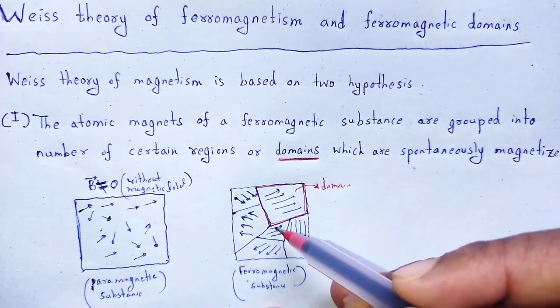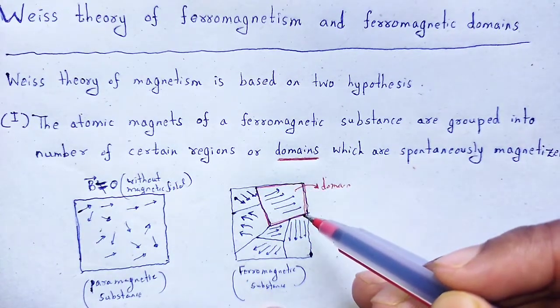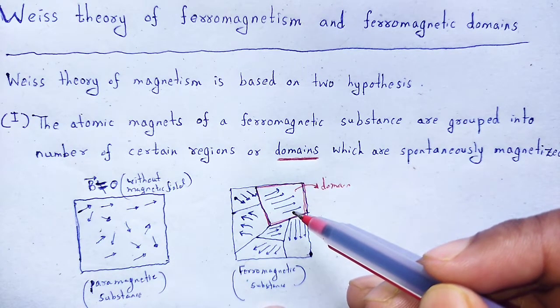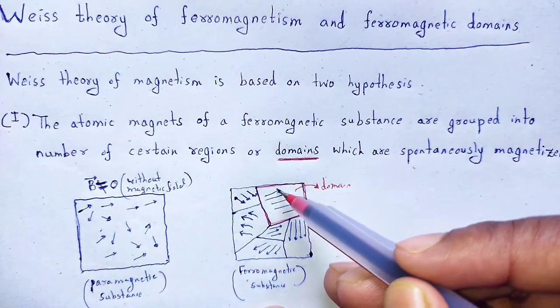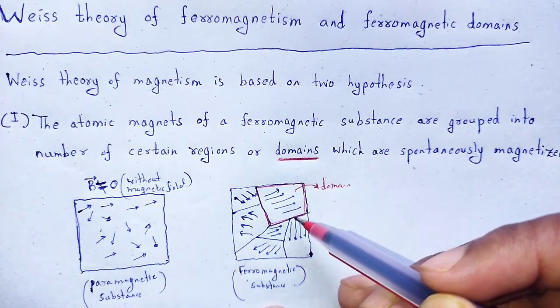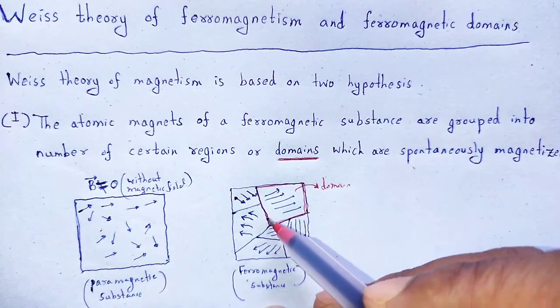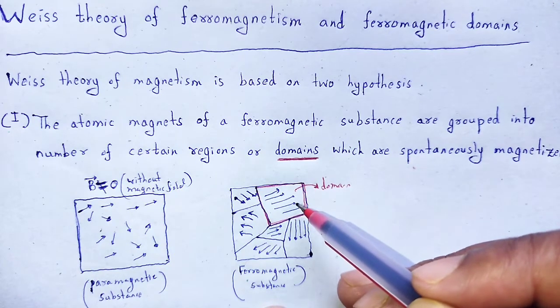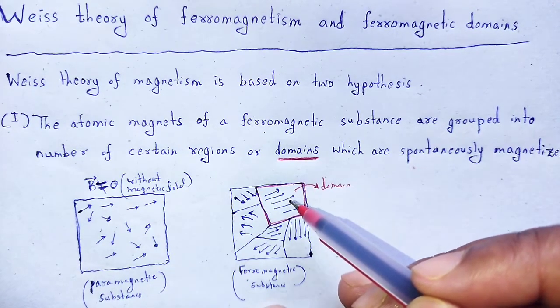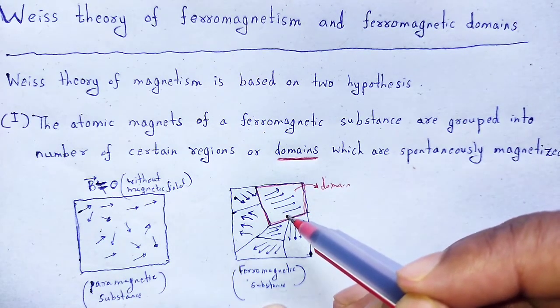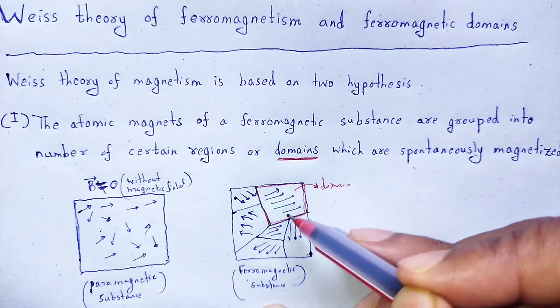Inside these domains there will be magnetic moments, and each domain is magnetized to the degree of saturation in one direction.